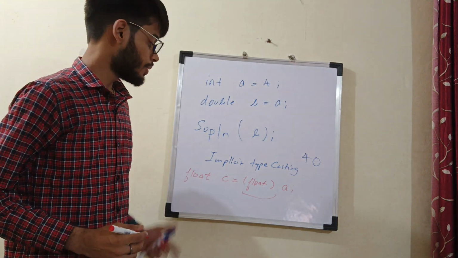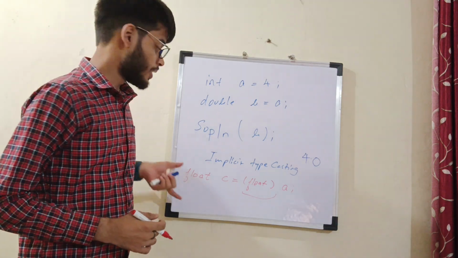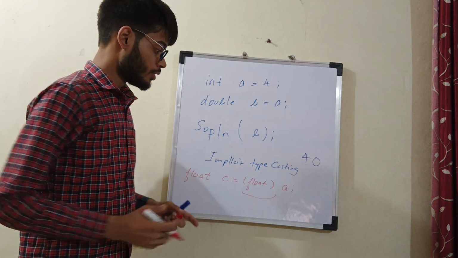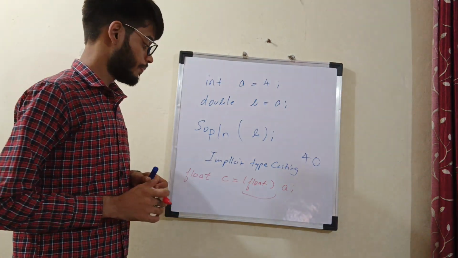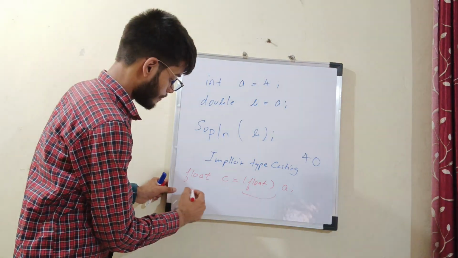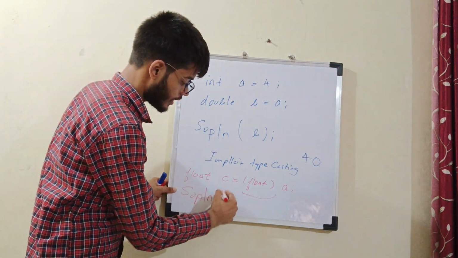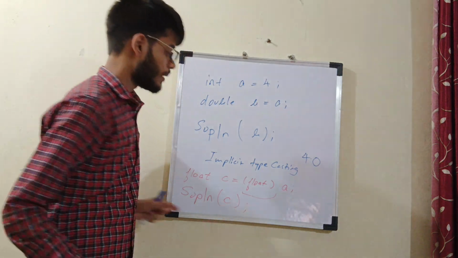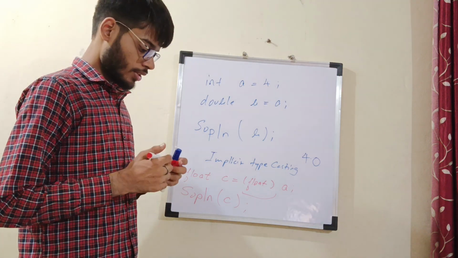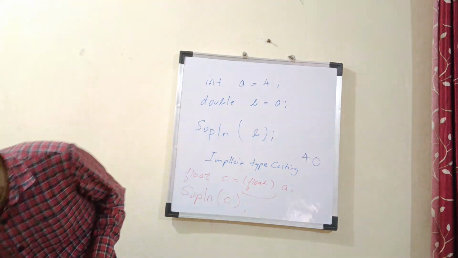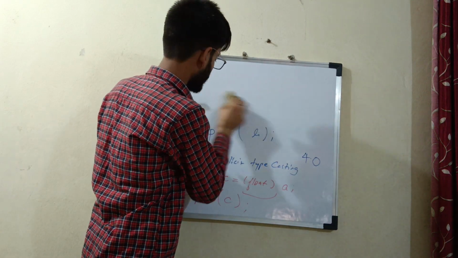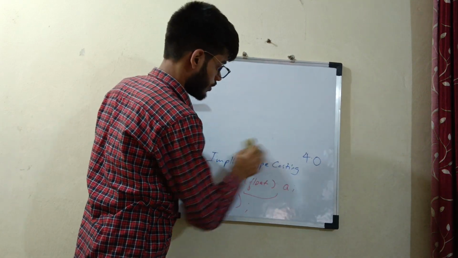So this is an example of explicit typecasting, where I, as a user, am changing the data type of a and storing it in c. If I again print this with System.out.println, I'm going to get 4.0.